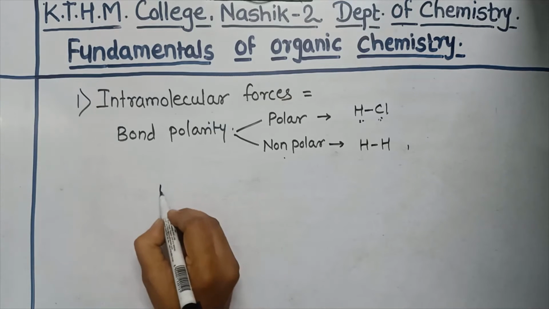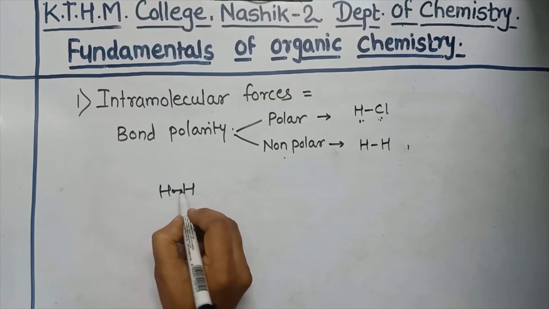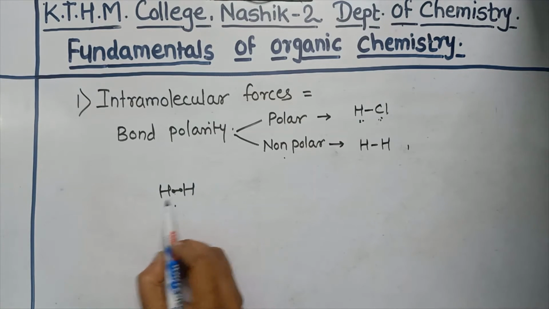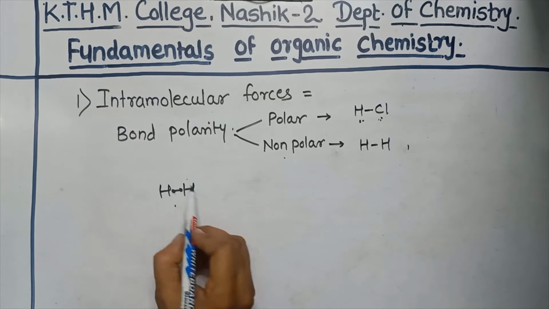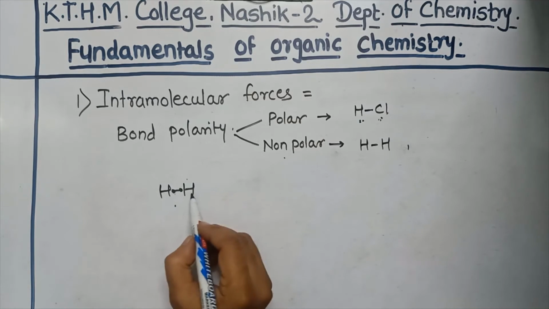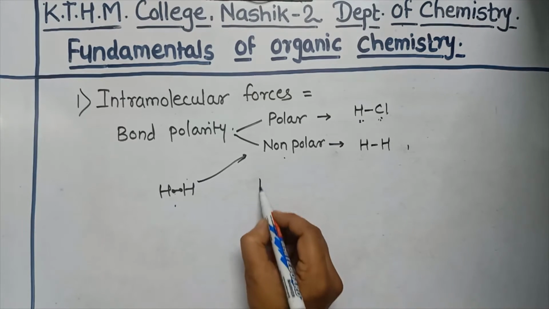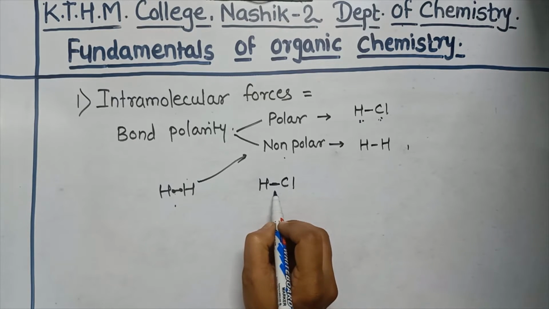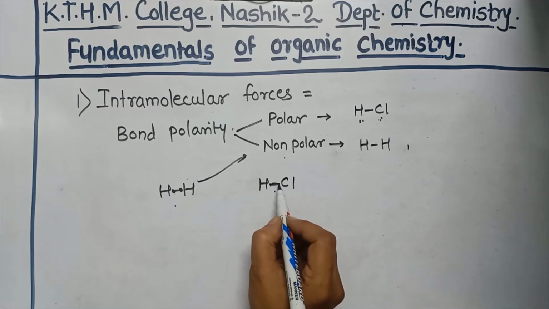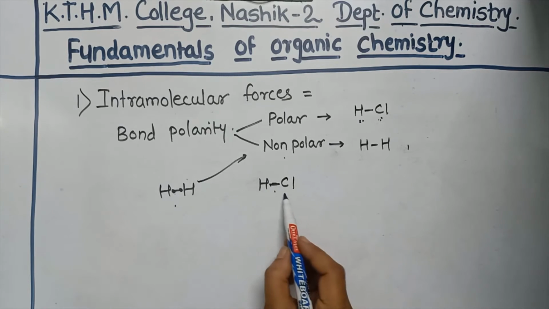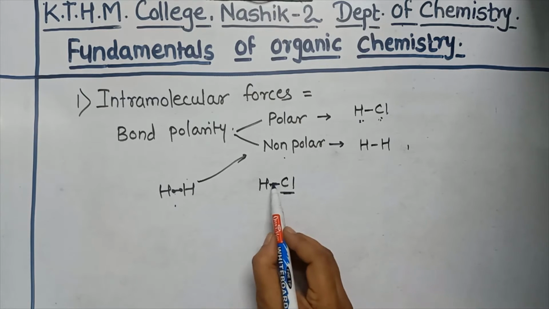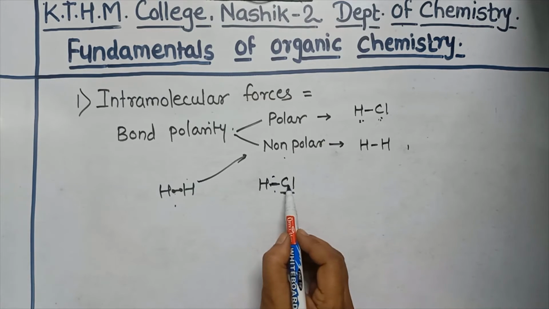In the H2 molecule, the electron pairs are equally shared. That's why there is no charge on the atoms. Hence, they are non-polar. While in the polar compound, they also share the electron pair, but this sharing is not equal, because chlorine is the more electronegative atom, and it attracts the electrons towards its side.